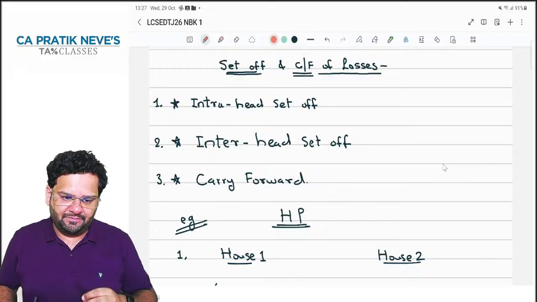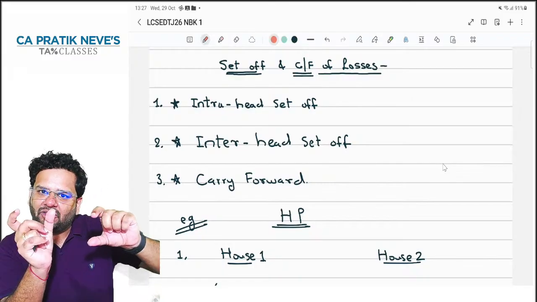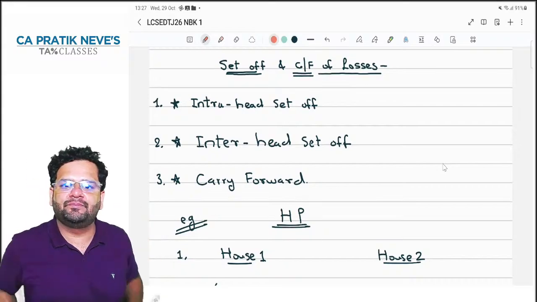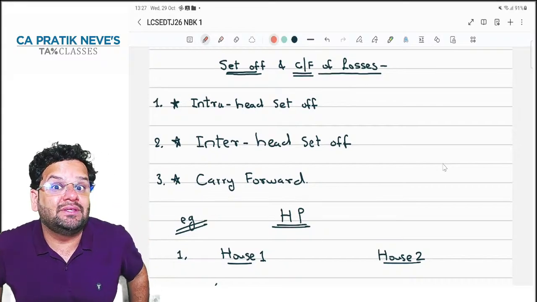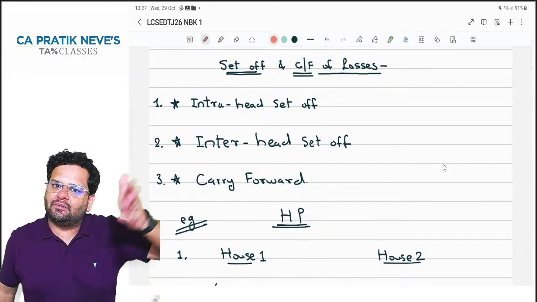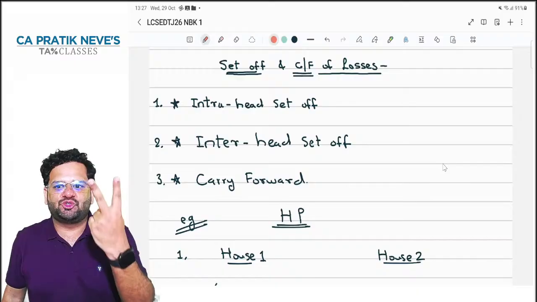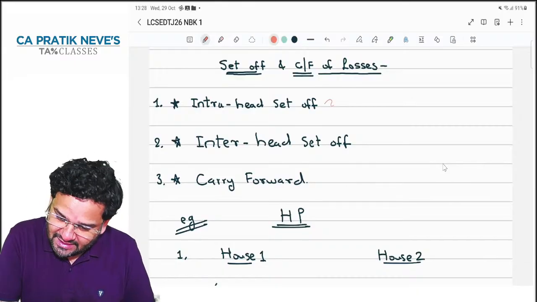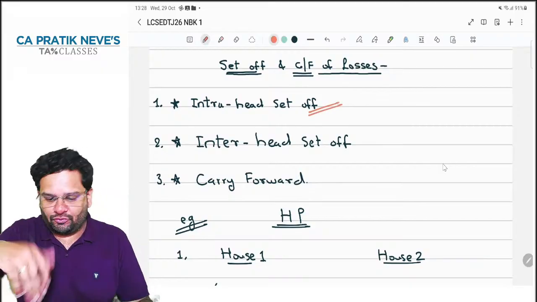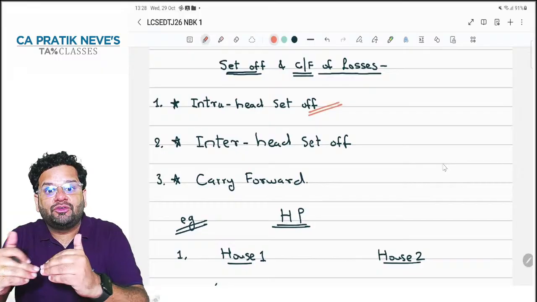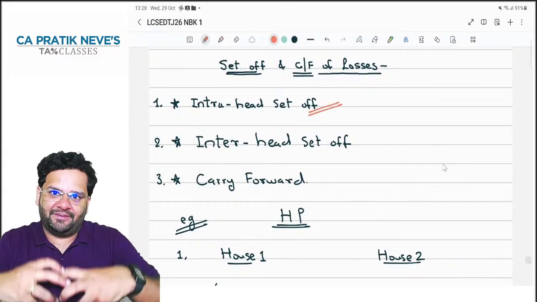You set off that 2 lakh rupees loss against that 4 lakh rupees income. And then what is your net income from HP after that? It is 4 lakh minus 2 lakh, that is 2 lakh. Getting it? So that is called intra head set off. Intra head set off means set off within the same head.